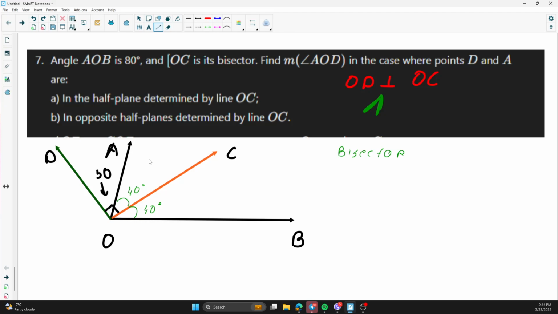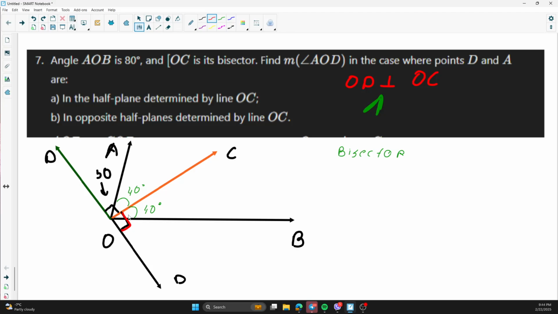What if I put D here, in this part? Then it would also be 50? Are you sure? From here to here is 90, so 90 minus 40 is 50. COD is 90, but you need to find the angle AOD.